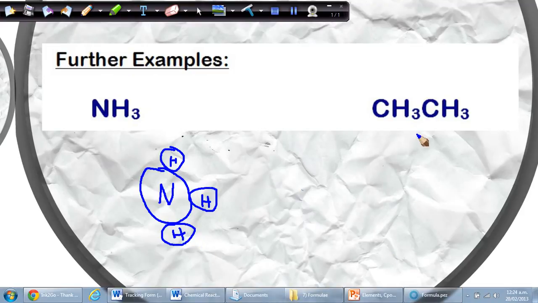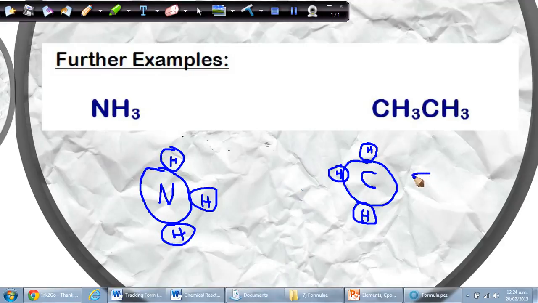CH3CH3. What it's telling me is I've got a carbon with 3 hydrogens attached. Hydrogen's a bit smaller than carbon. Then we've got another CH3, and it's all attached together. So that one's carbon, and my 3 hydrogens.